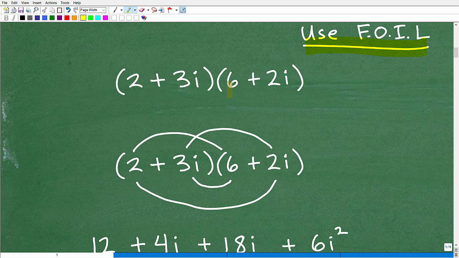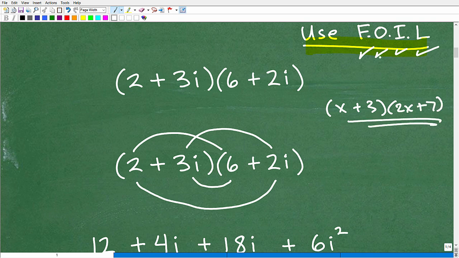So we have 2 plus 3i times 6 plus 2i. Using the FOIL method is a pretty good way to remember how to multiply two complex numbers. Remember back in your basic algebra, FOIL is first, outer, inner, last. If you had a problem like x plus 3 multiplied by 2x plus 7, typically students would think FOIL because it's a binomial times a binomial.